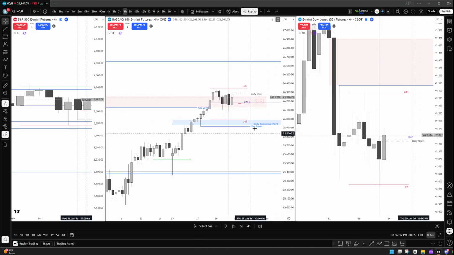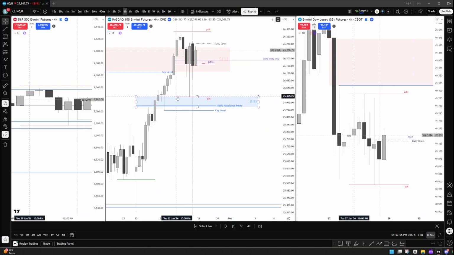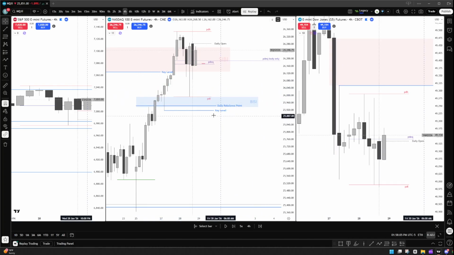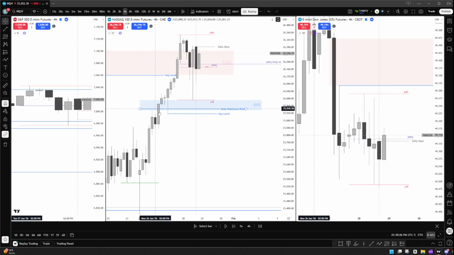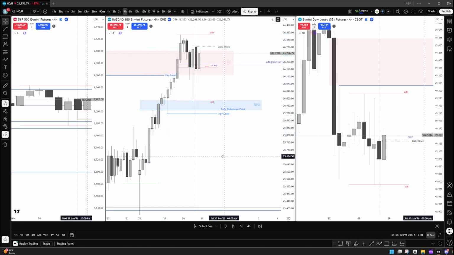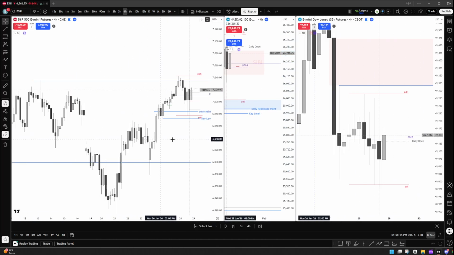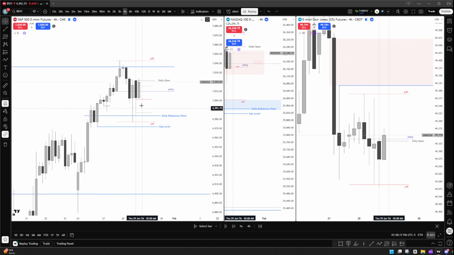The dealing range. So for me, this is our daily rebalance point, and what do I notice? I notice that we have this previous day low resting right above this PD array, and furthermore, right below discount, we have another unmanipulated low in discount of this range, right? So this begins my key level, right? And you can see here also the same thing is happening, right?